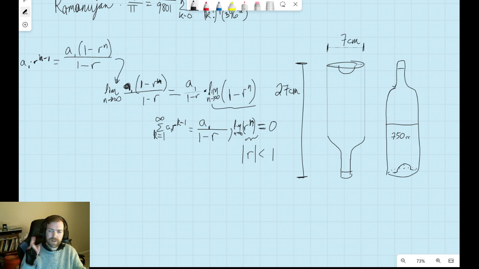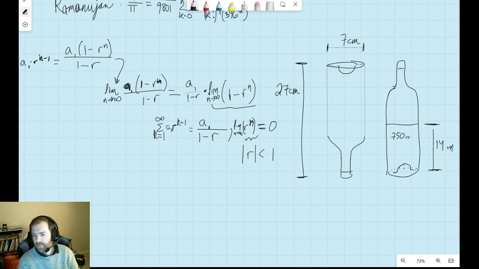But if you have it right side up, then the amount of liquid that exists within this bottle measures up to 14 centimeters from the bottom.